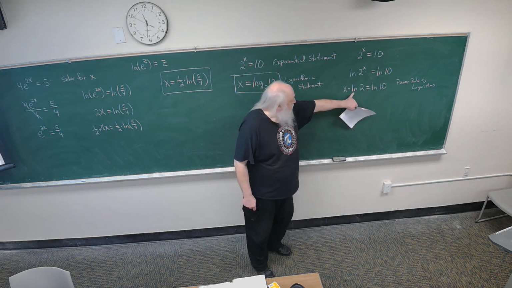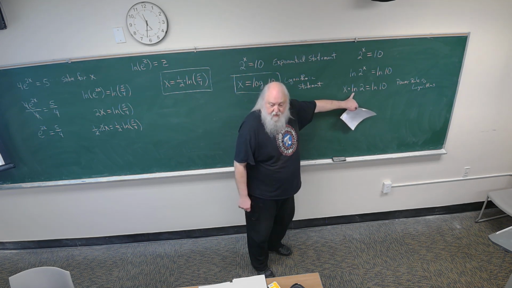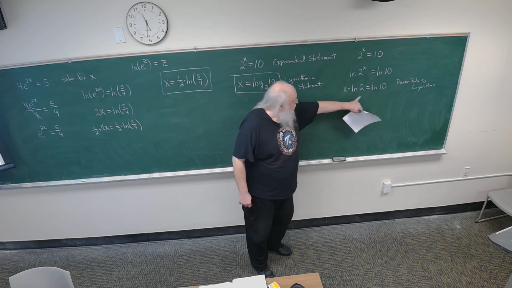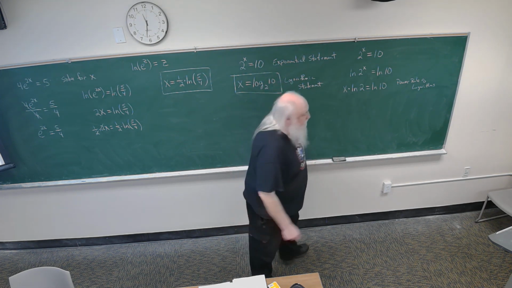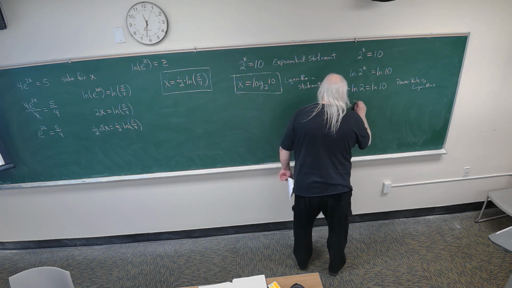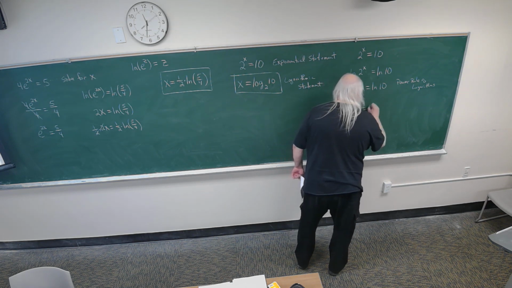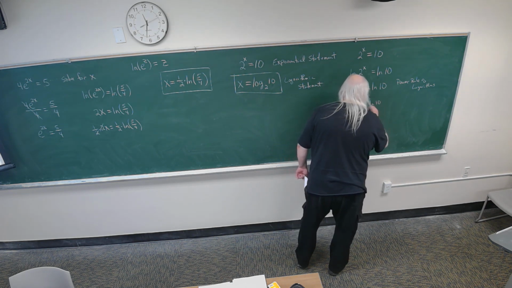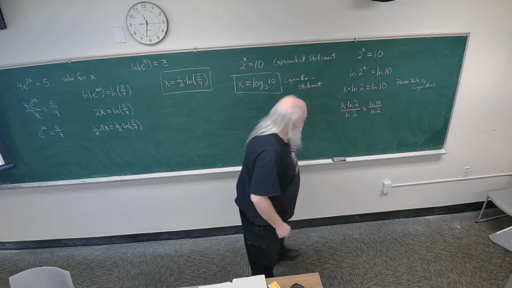And now you can see this is a product, okay? And so natural log of 2 is a real number on the real number line. It's equal to 0.69 something. So I can divide both sides by the natural log of 2 and isolate the x on the left-hand side. So x times the natural log of 2 divided by the natural log of 2 is equal to natural log of 10 divided by the natural log of 2.